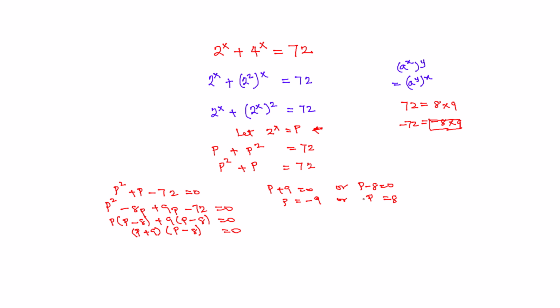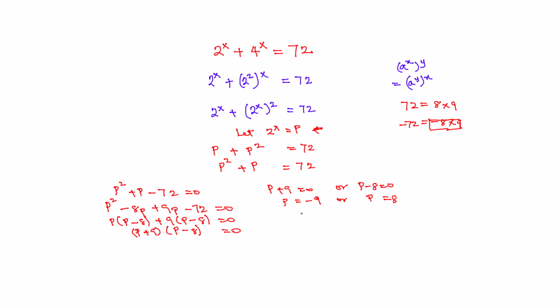The challenge with most students is when they get this value of whatever variable they've substituted for 2 raised to power x, they just conclude that that is the final answer. However, that is not the final answer. Like I said, we were not asked to solve for p or whatever variable you have chosen. We are only asked to solve for x.